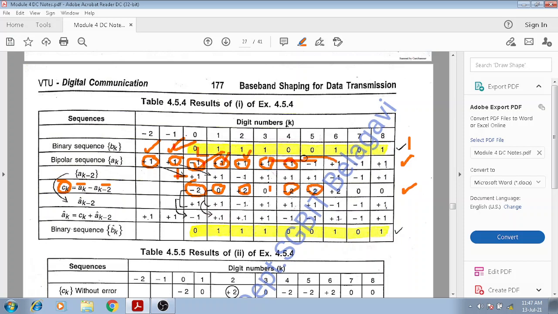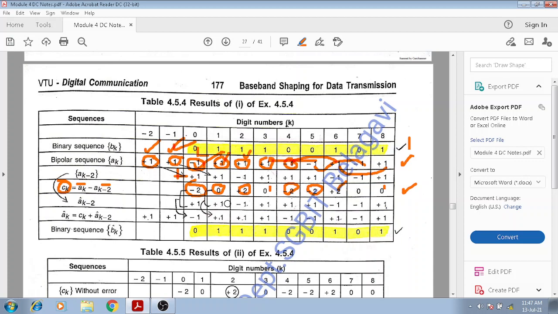Next this one and this one, 1 minus of minus is plus, 1 plus 1 is 2, minus 1 and this minus 1 is 0, this one and this plus 1 is 0. So this is how we get the CK sequence.